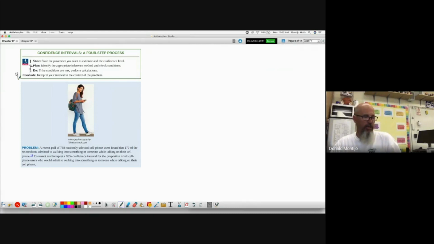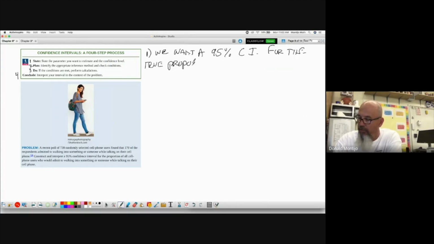So first, what are we going to do? Step one, I'm going to label this out here for us. Step one, what is it that we want to do? We want to construct a 95% confidence interval. A 95% confidence interval for what? The true proportion of what?